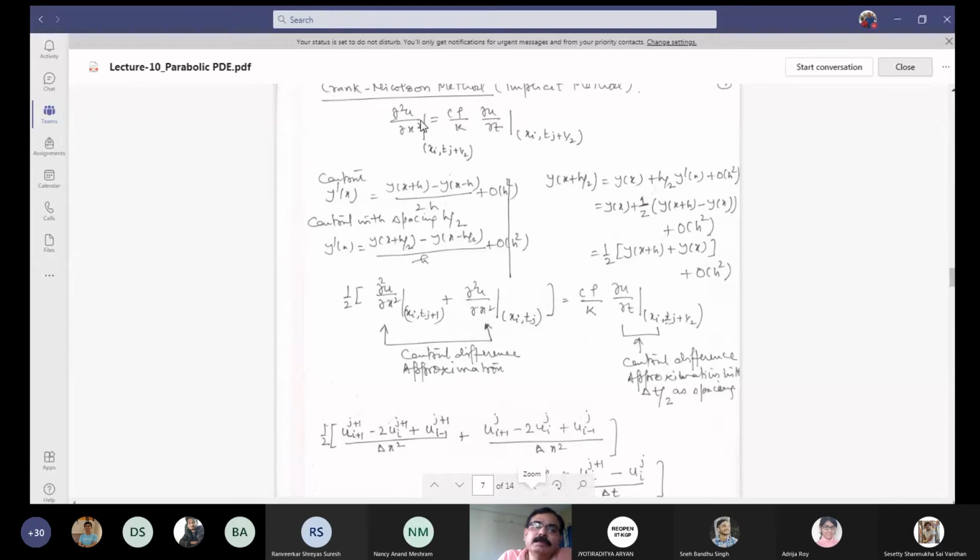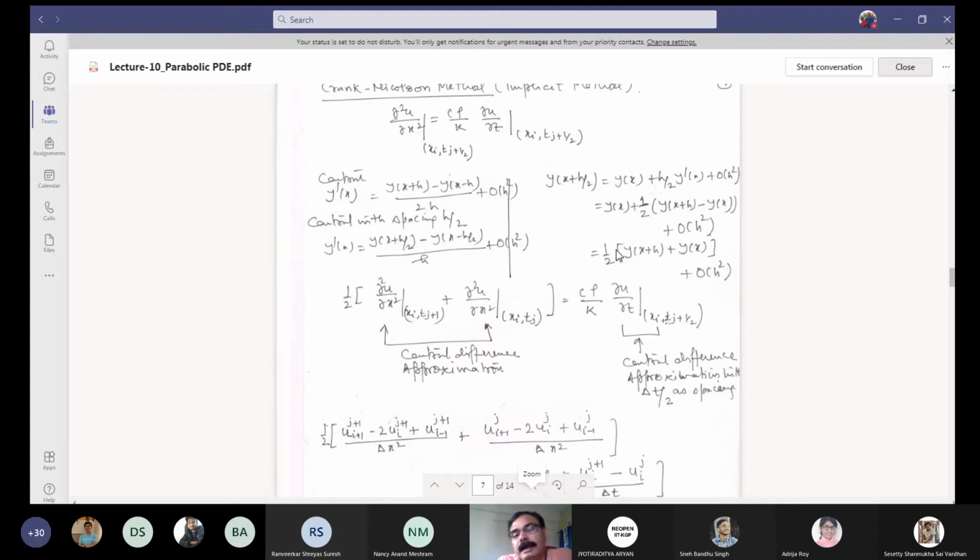Then we'll use the central difference approximation, for first we'll use the average of this. So average we'll write as this will be your 1 by 2 of del square u by del x square at x_i, t_j plus 1. See, y of x plus h by 2 is your 1 by 2 of y of x plus h, and then average of these two.